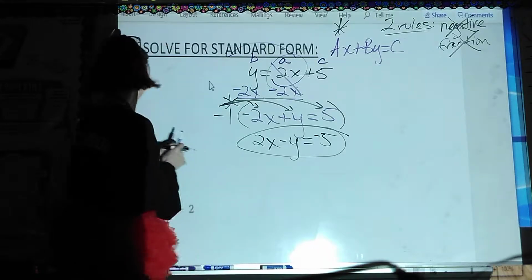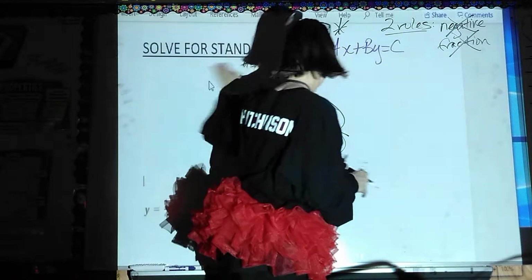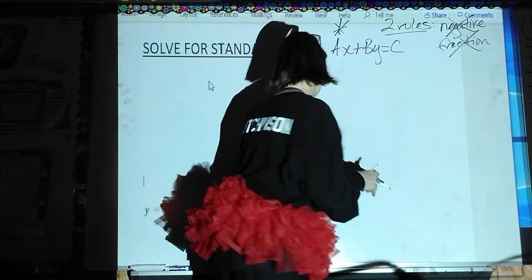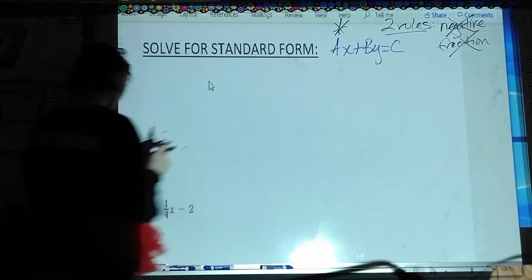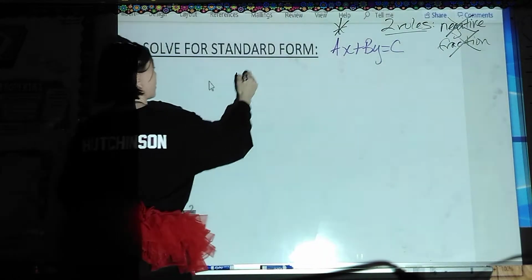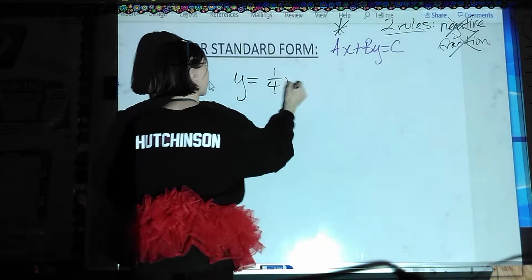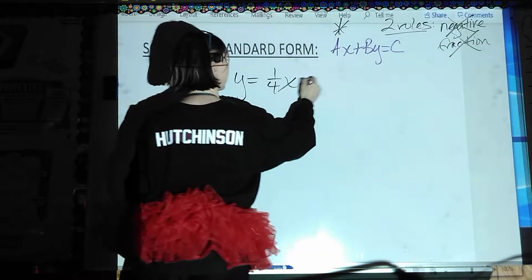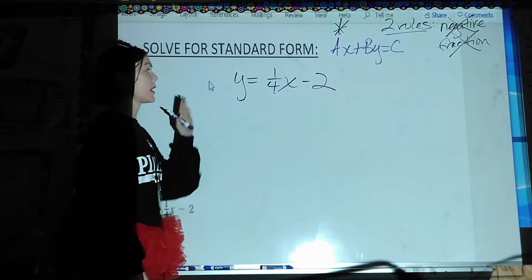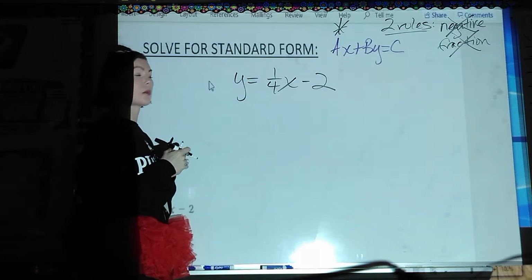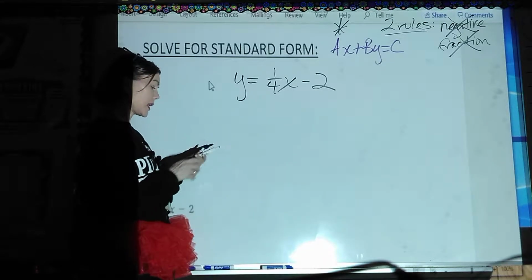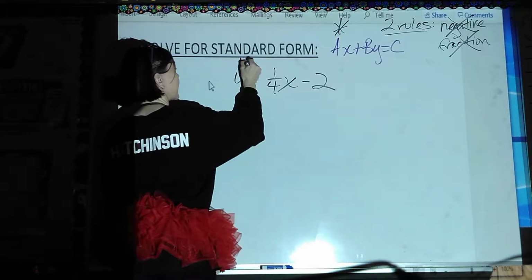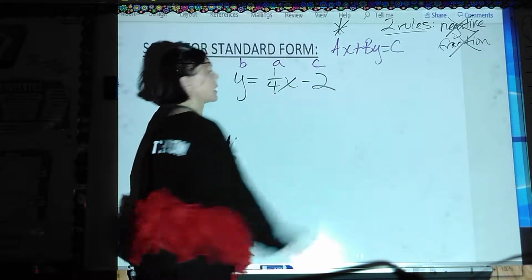Now I'm going to have you do one to practice, and we'll go over it together. The next equation is y equals 1/4 x minus 2. Go ahead and solve for ABC form, for standard form, and we're going to go over it right now. So right now, this is in BAC form.